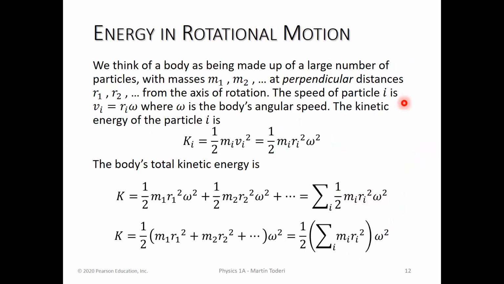Right, so as I said, we think of a rigid body as being made up of a large number of particles, an infinite number of particles, actually differentials of mass, that are composing the body. So we have masses 1, 2, 3, etc. And then we have perpendicular distances r1, r2, etc. for each point of that rotating body.